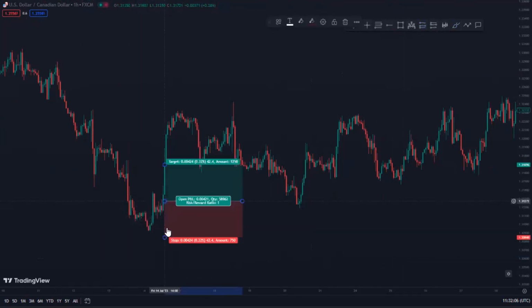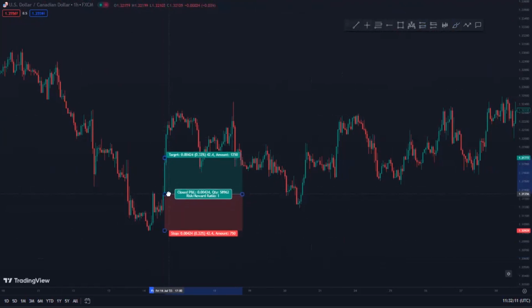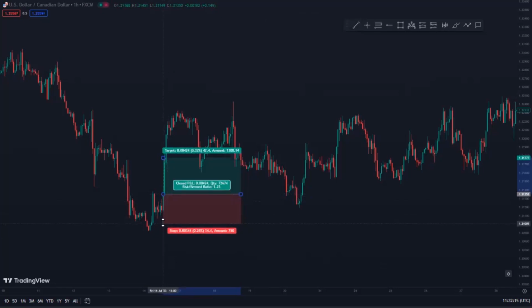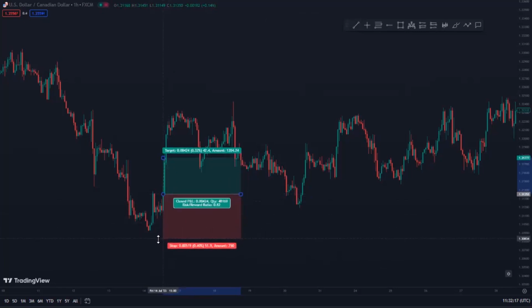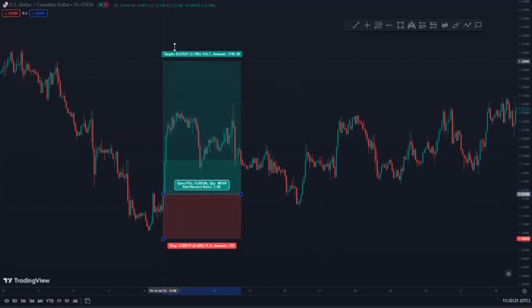Immediately as I saw this candlestick close to the upside, so price was still somewhere here, and then I had my stop loss. I didn't want to make it too tight here. I put it just here on the previous low, and then my target was all the way up there.